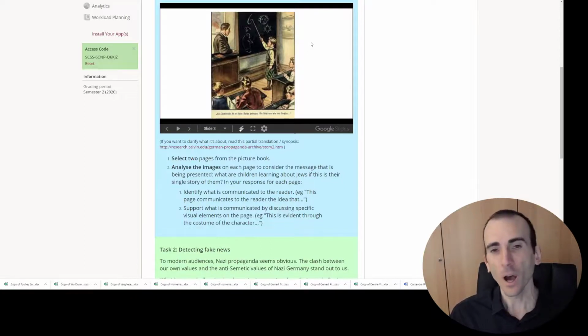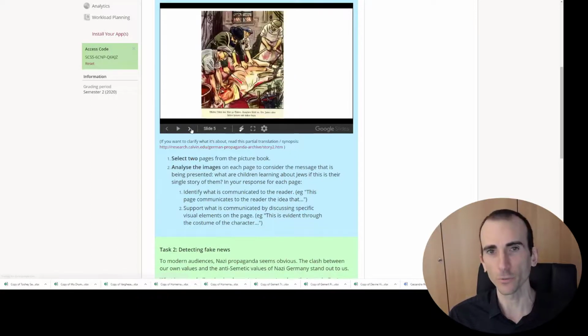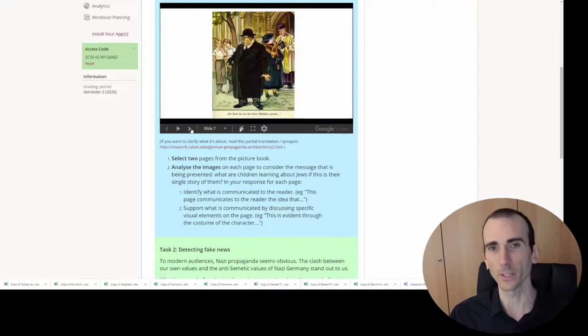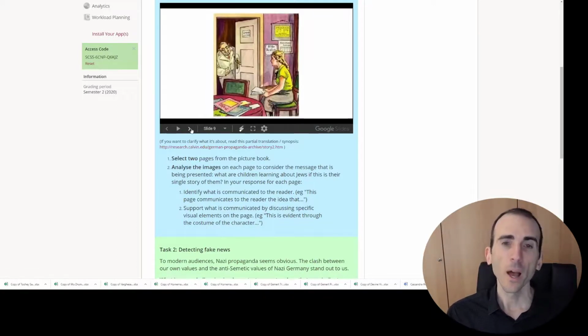book. I want you to keep going through the book and choose 2 pages for yourself. 2 pages that stand out to you, that you're interested in thinking through a little bit more. Some are easier, some are more difficult. What I want you to do is select 2 pages, and then I want you to analyze the images on those pages.